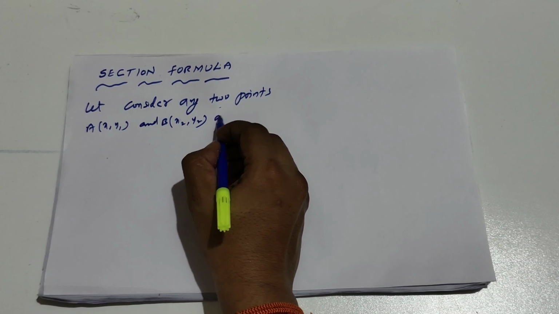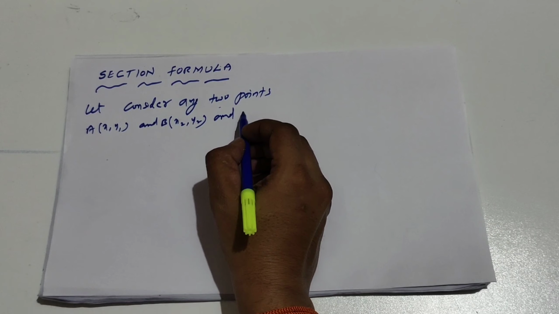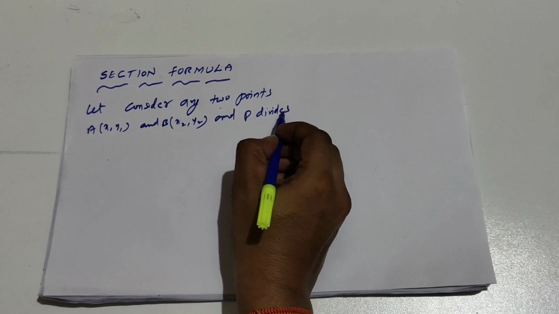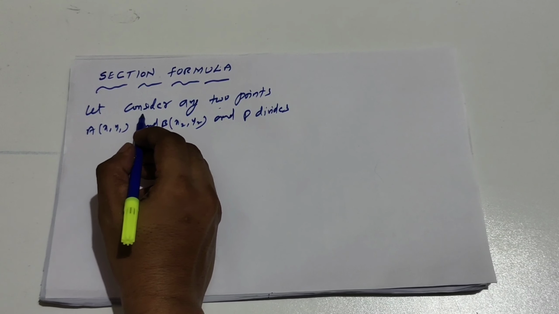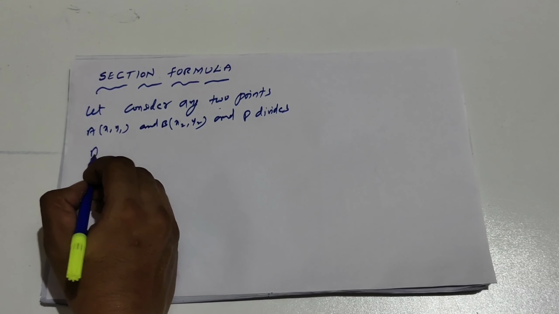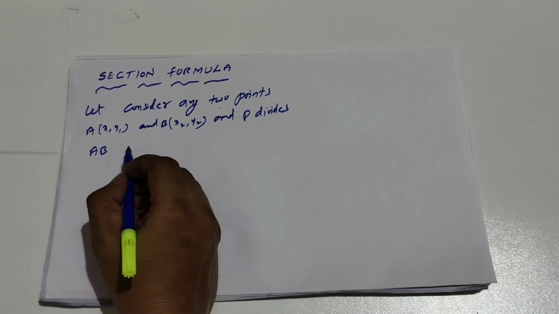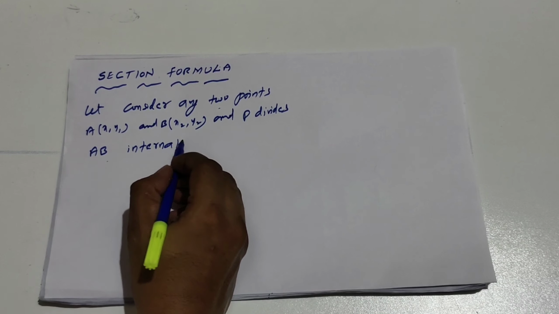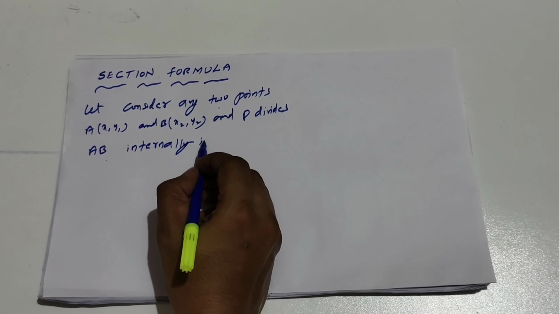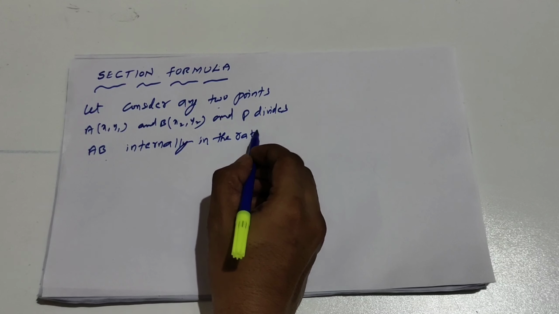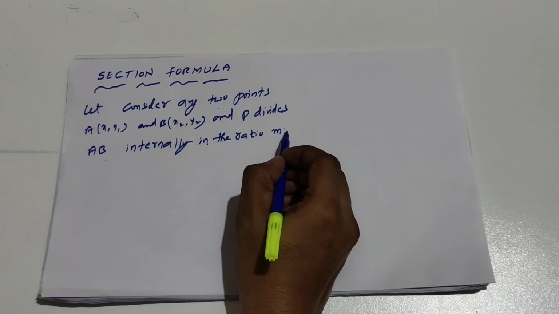And P divides AB internally in the ratio m1 is to m2.